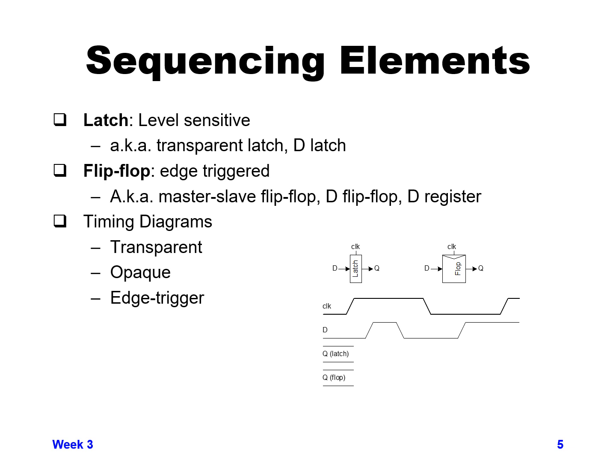A different type of sequencing element is the flip-flop. This is edge triggered based on the edge of the clock. So a master-slave flip-flop is typically what we're talking about. There are other types of flops, D flip-flop, D register, but right now I'll talk about the master-slave flip-flop.